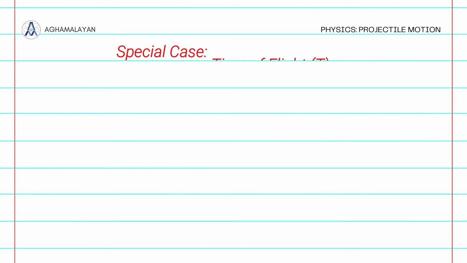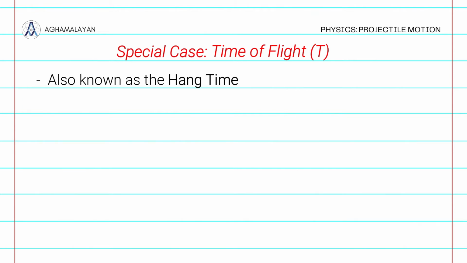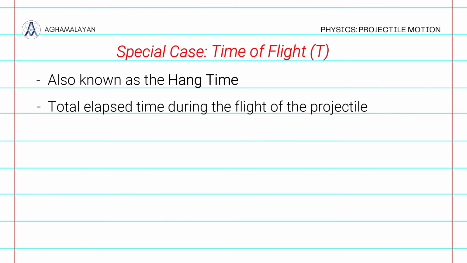For the time of flight, it's a special case. It's also known as the hang time of the projectile. The simplest definition I can give you for time of flight is that it's the total elapsed time during the flight of the projectile.